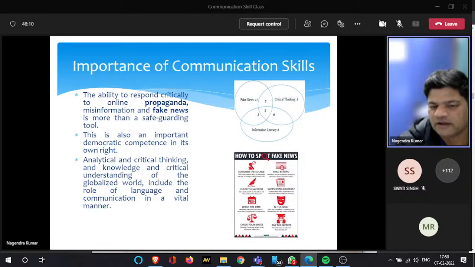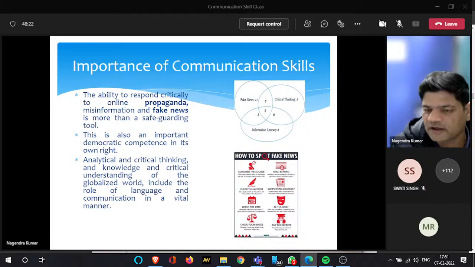So look at it, you consider the source, whether the source looks spurious or it looks authentic, and read beyond the line. Don't go by the outrageous headlines. Okay, and check the author who has claimed it.